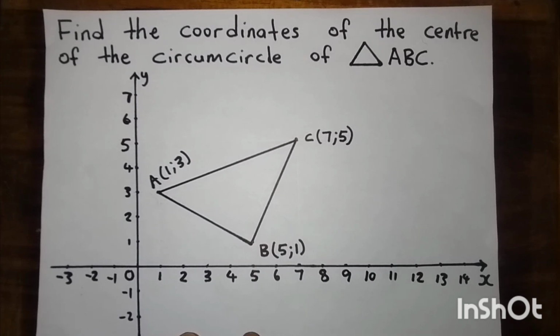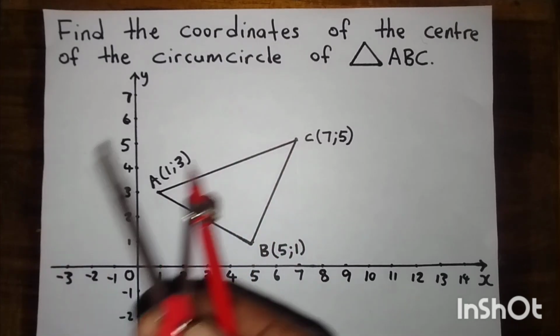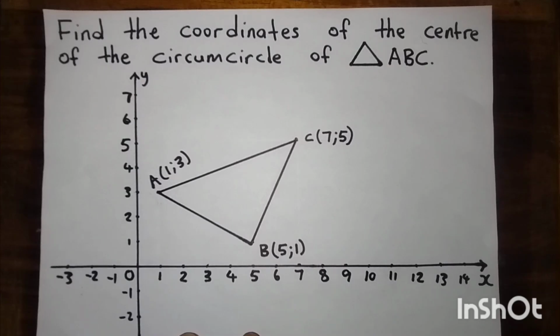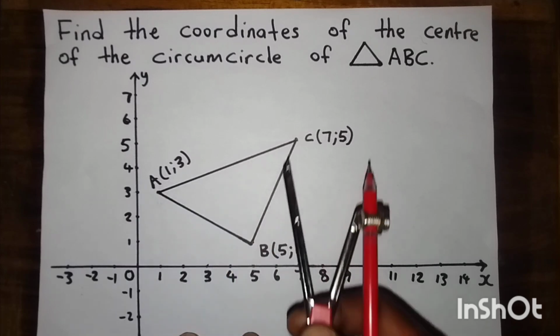If the circle circumscribes triangle ABC, it means that AB, BC, and AC will be chords of the circle. So for me to find the center of the circle, I must find the point where the perpendicular bisectors of any two chords meet. For example, in this question, I'm going to use chord AB and chord BC.